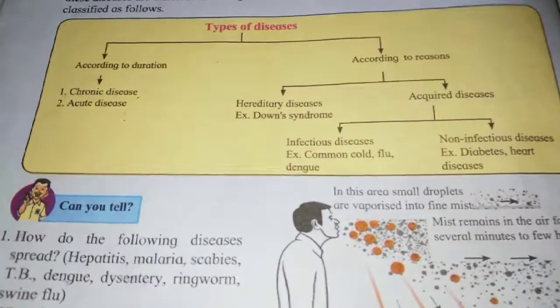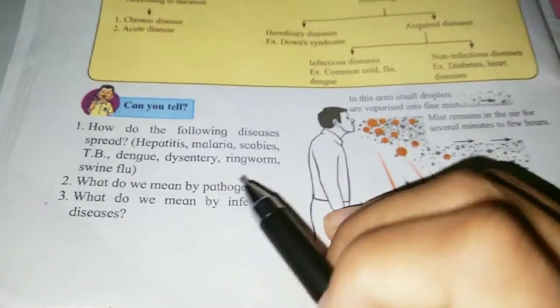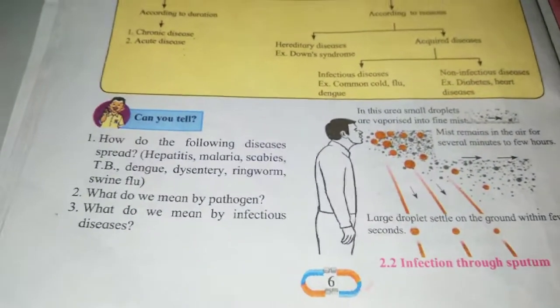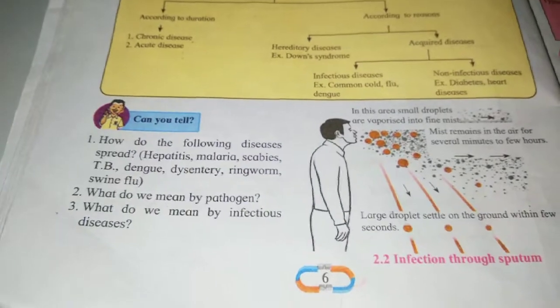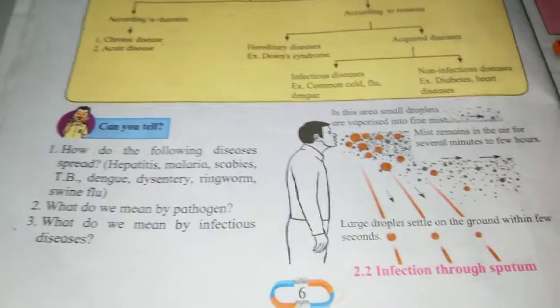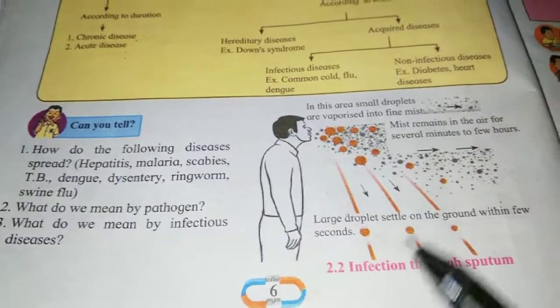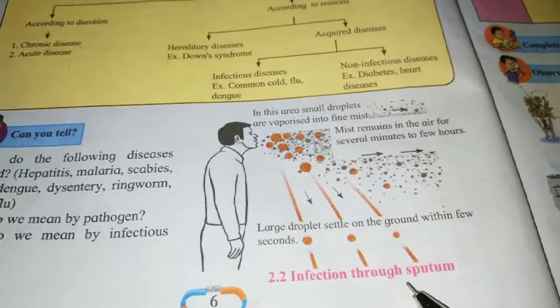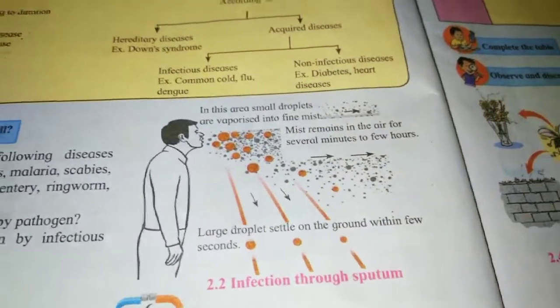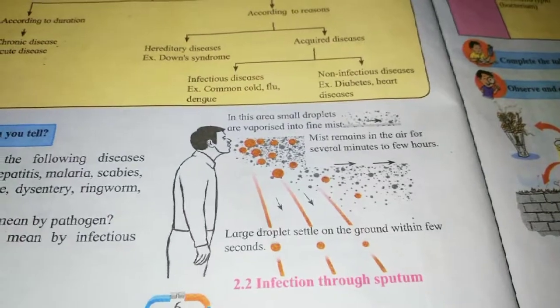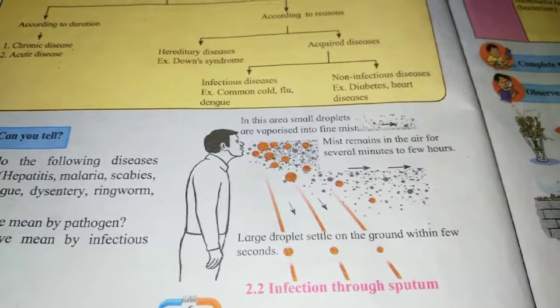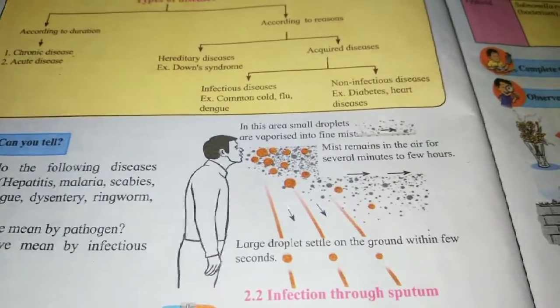Now here you have to read the questions, and here they have given you infection through symptom. In this area, small droplets are vaporized into fine mist.